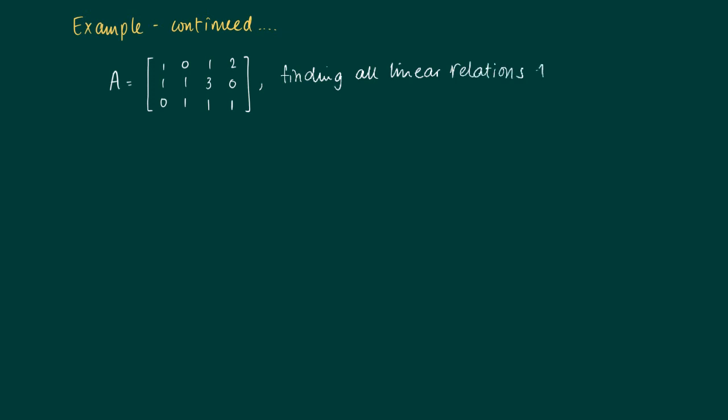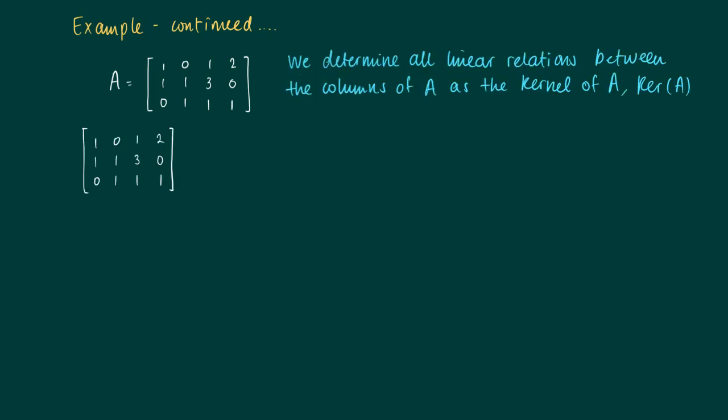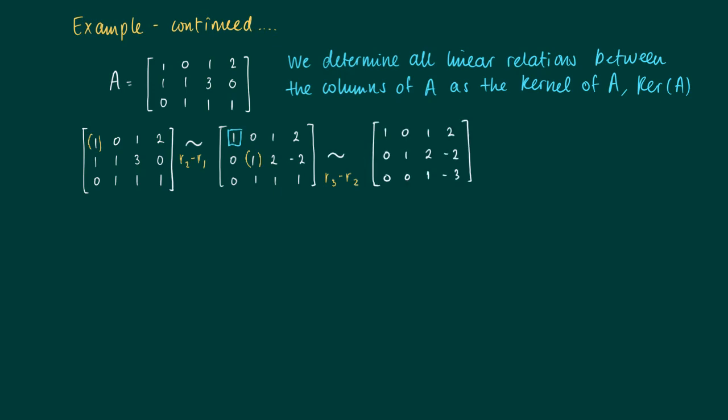So now we try to find all linear relations through the kernel of A. We've seen that actually all linear relations are given by the kernel of A. So what we do now is we calculate the reduced row echelon form, use Gauss-Jordan elimination steps, and reduce the matrix in this way.